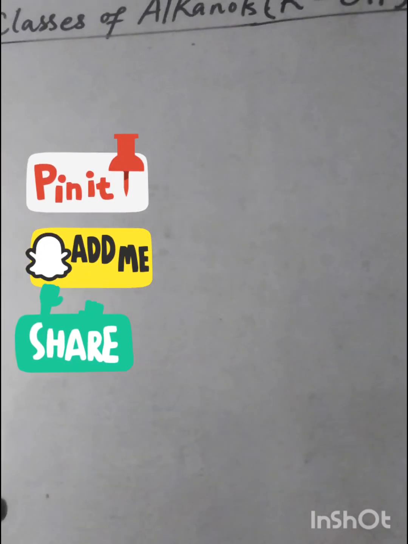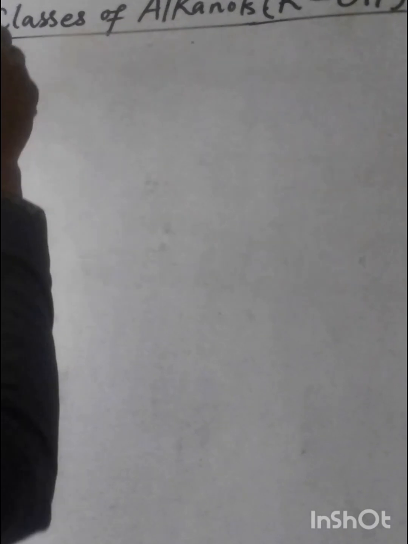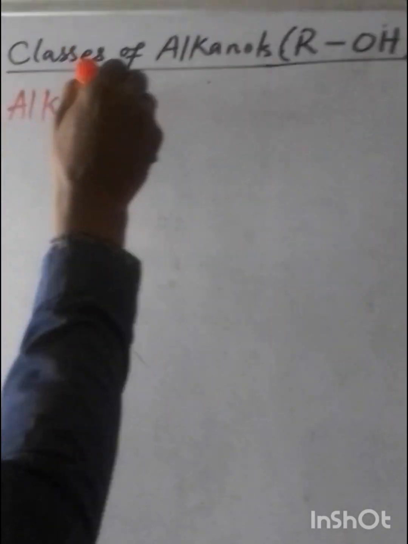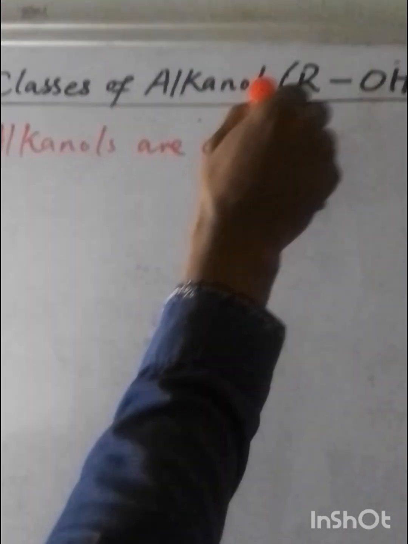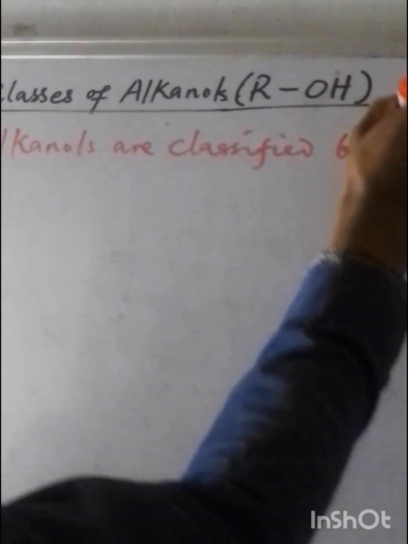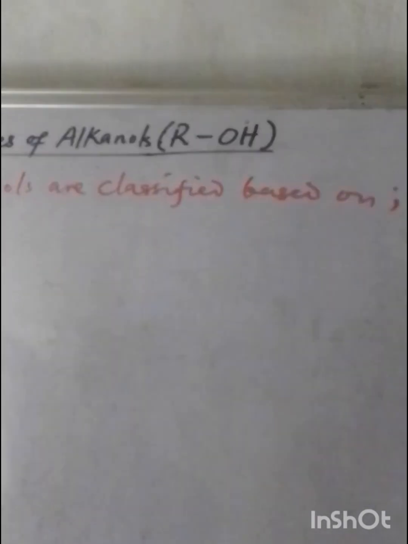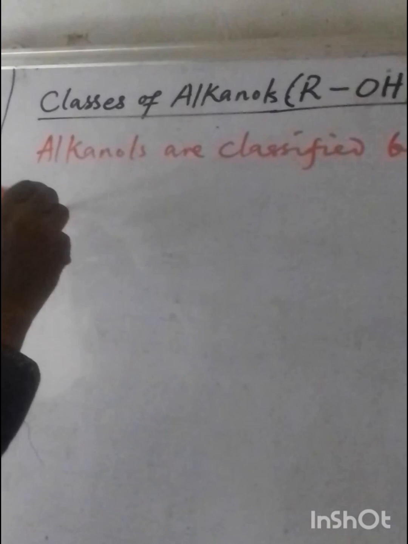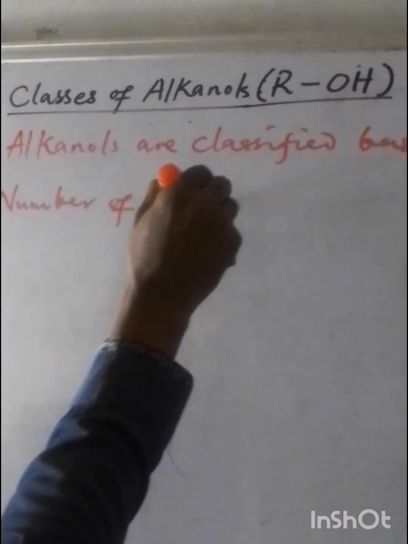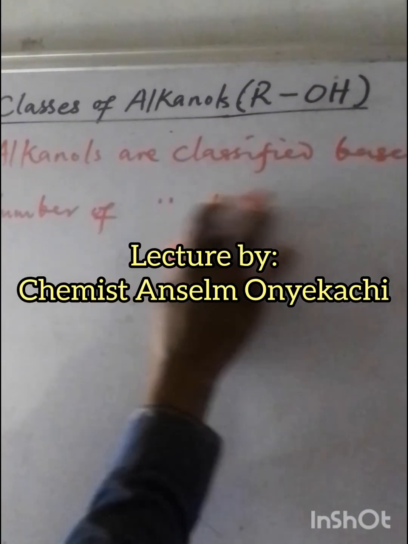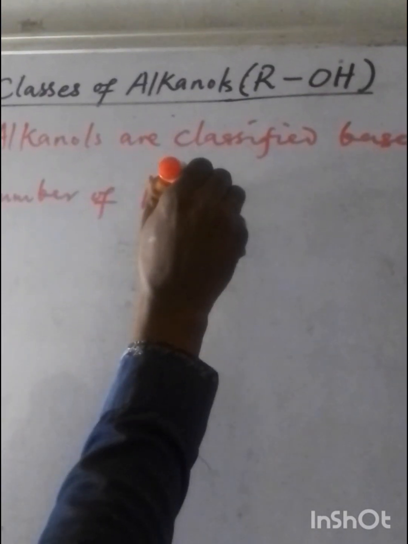So how do we classify alkanols? Alkanols are classified based on two factors. Number one, number of hydroxyl groups.